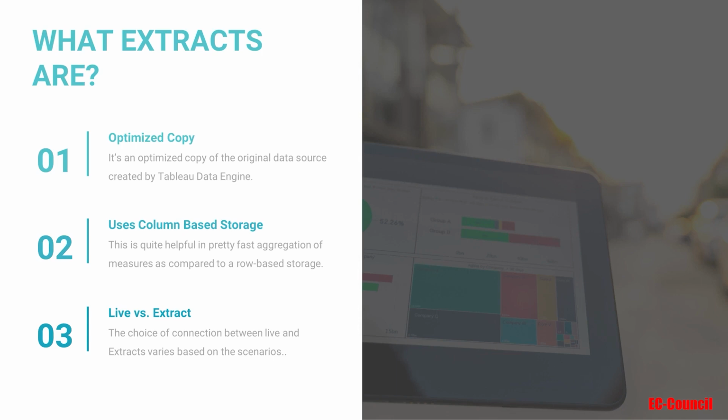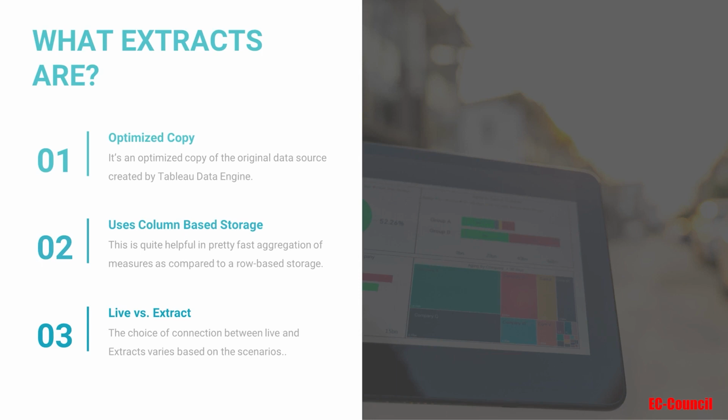Extracts utilize the column-based storage approach, wherein each column in the dataset is stored in a continuous memory location. And this is quite helpful in pretty fast aggregations as compared to the row-based storage.